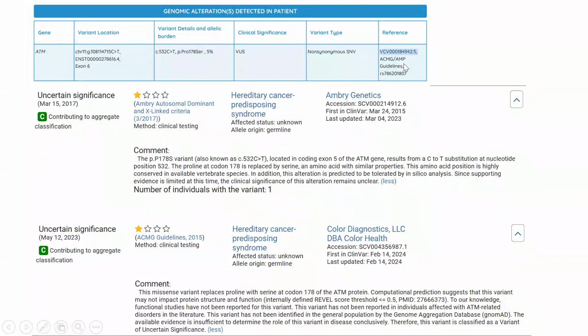AMP is the Association for Molecular Pathology, American Association for Molecular Pathology. And this variant also has been documented in dbSNP as one of the rare variants. So how did ClinVar come to this consensus to call it uncertain significance? Although somebody documented it, it becomes very important for us when they documented. It was first documented in 2017.